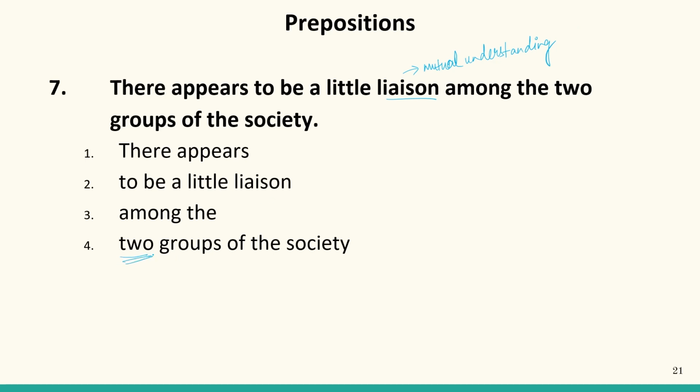Now we are talking about only two groups. And we know well that for two, we only use the preposition between, not among. So here among should be replaced with the preposition between. So the correct sentence will be: there appears to be a little liaison between the two groups of the society. Now let us move to the next sentence. Your answer will be 3, because the third part contains the error.